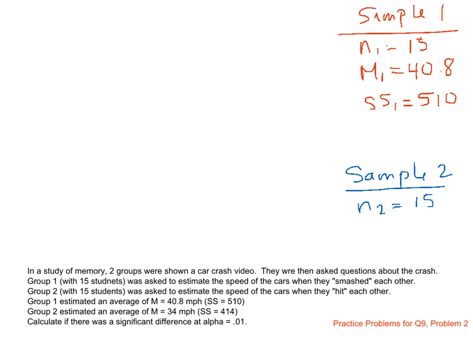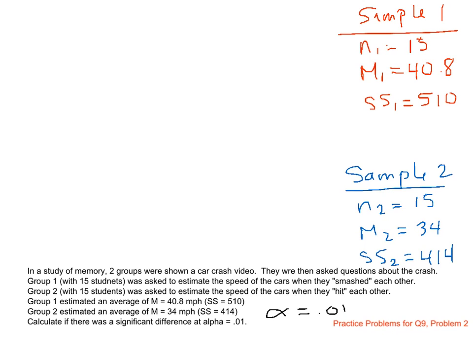Sample 2 estimated an average speed of M equals 34. So I'm going to write this as M2 equals 34. And they had a sum of squares of 414. Finally, calculate if there was a significant difference at an alpha level of 0.01. So my alpha is 0.01.